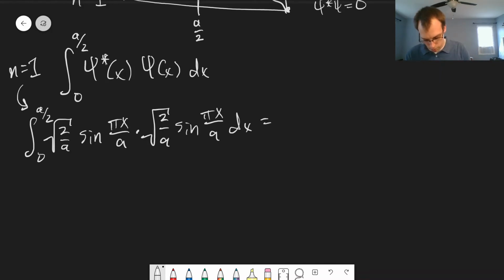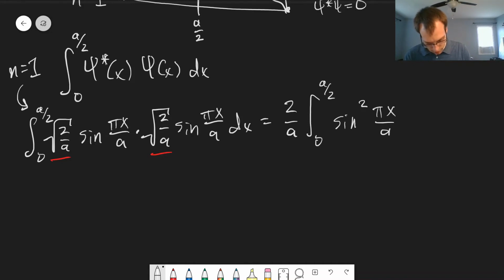Okay, so we can factor out our constants here, our square root of 2 over a, so we'll get just 2 over a out front. Integral from 0 to a over 2 sine squared pi x over a. Okay, and so we looked up the sine squared integral in a previous video. You can go back and look at this or look at an integral table.